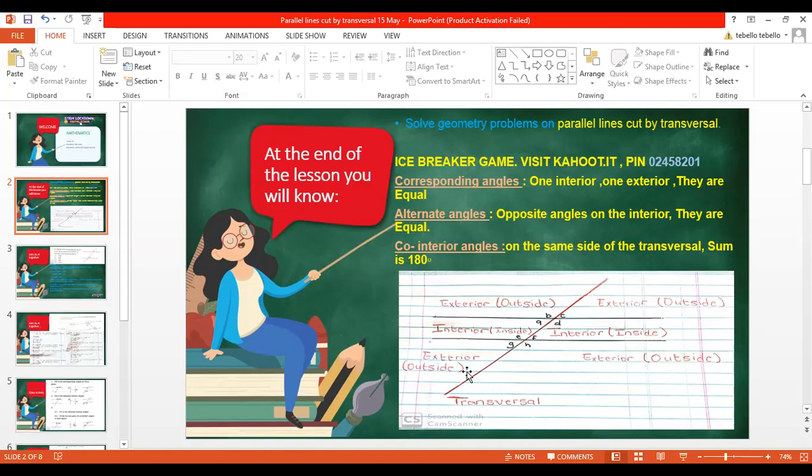You see that this transversal does cut our parallel lines, and when it does, it forms 8 angles. Here they are: A, B, C, D, E, F, G, H.